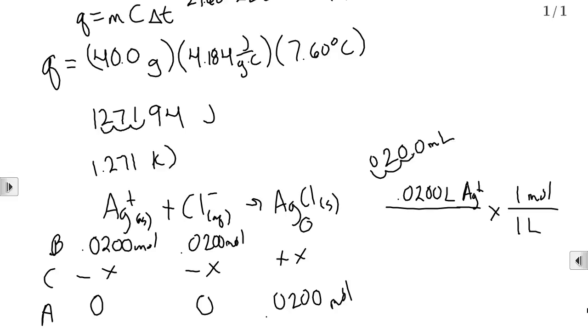The definition of enthalpy of a reaction is kilojoules per mole. So all I have to do is 1.271 kilojoules divided by the number of moles I had. And then you get an answer.